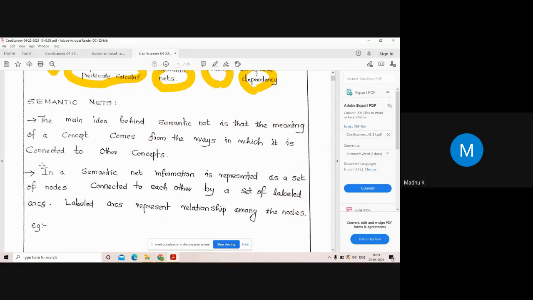Next. So what does a semantic network mean? In a semantic network, information is represented as a set of nodes. Okay. So basically it is a graph representation.